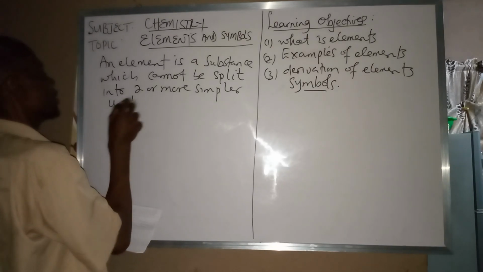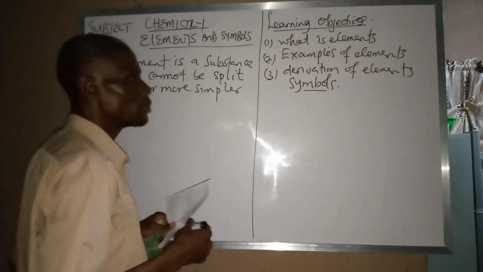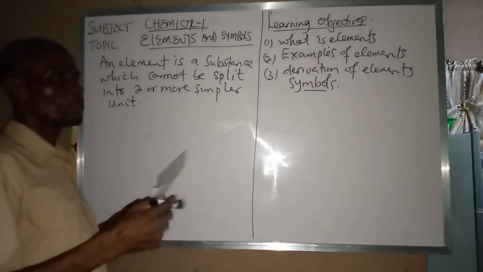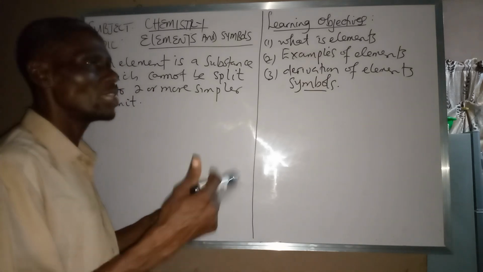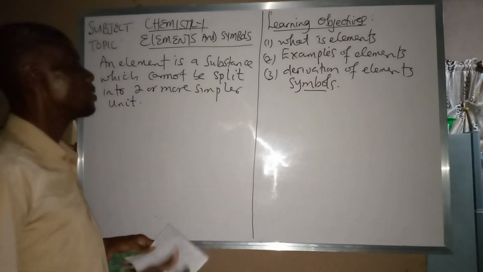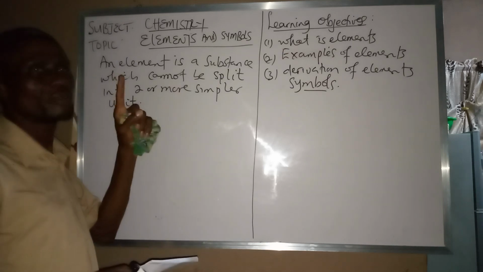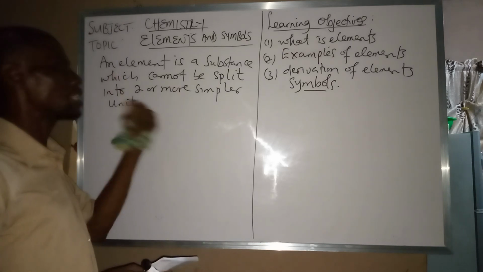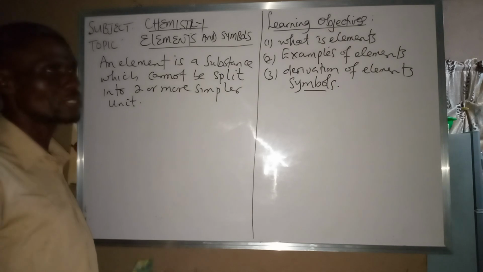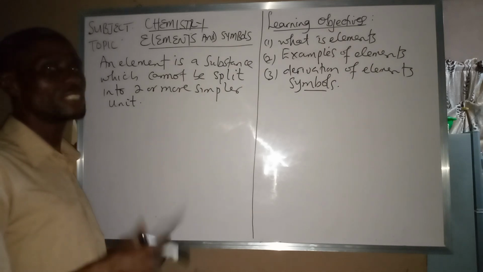Unlike what you have in a compound. A compound can be broken down to give two or three elements. A compound contains elements, but an element is just a substance, one kind of matter, which cannot be split into two or more simpler units. Okay, so element contains atoms.